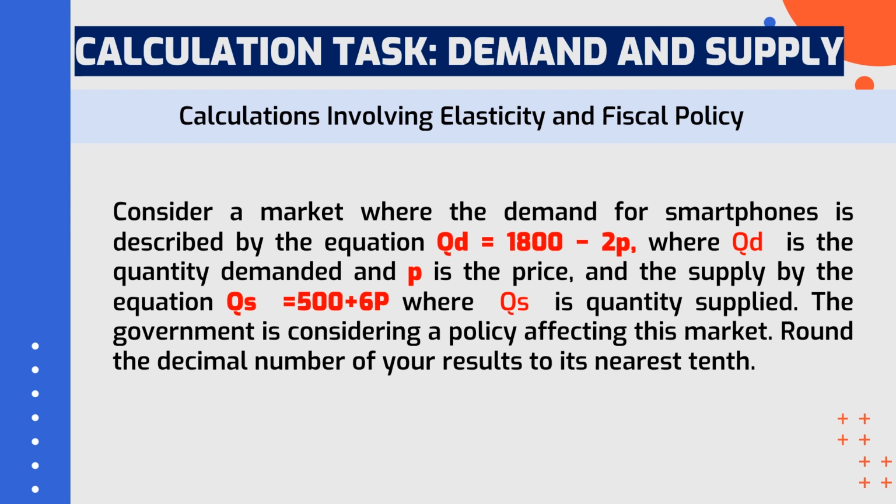In this case, we have the market for smartphones, where the quantity demanded is presented by this equation, QD equals 1800 minus 2p, and the supply equation of 500 plus 6p.